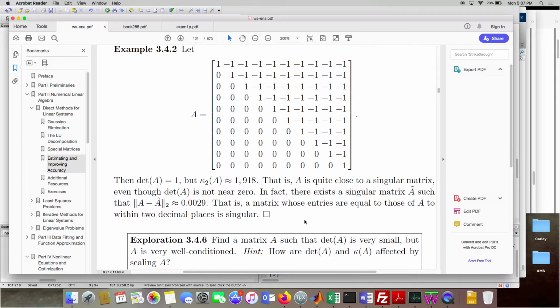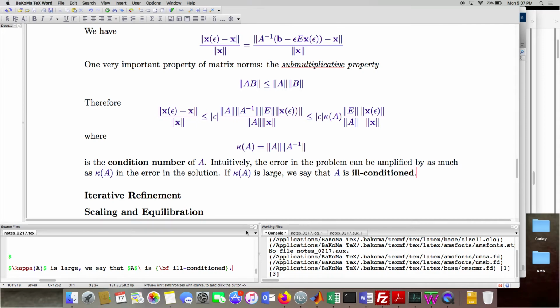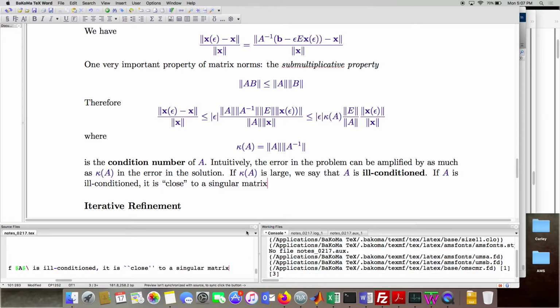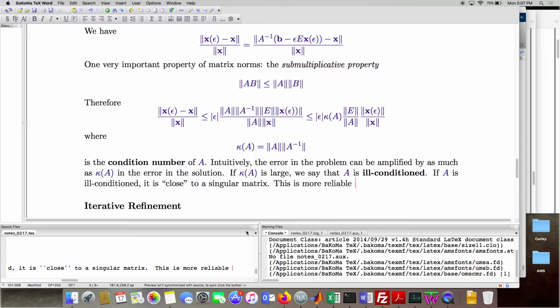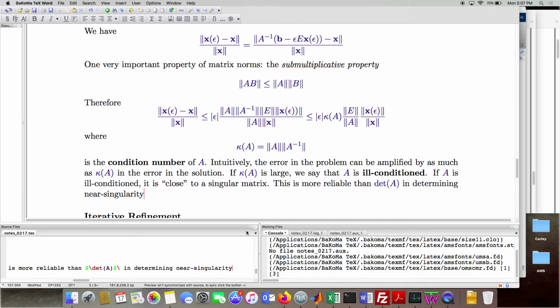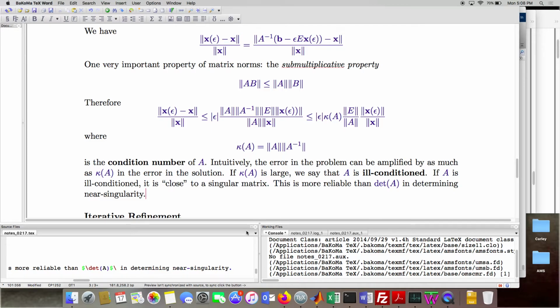The other thing to keep in mind is, as I mentioned earlier, if A is ill-conditioned, it is close to a singular matrix. This is more reliable than the determinant of A for determining near singularity.